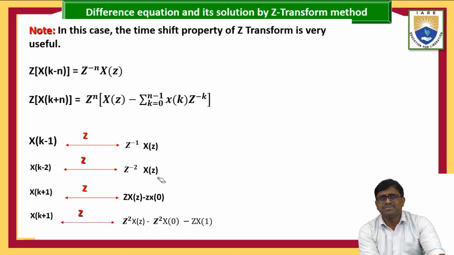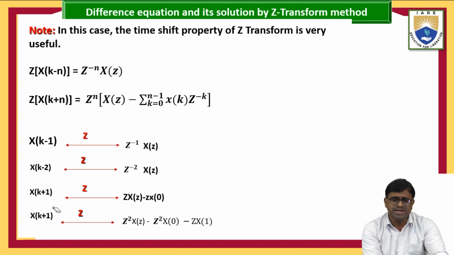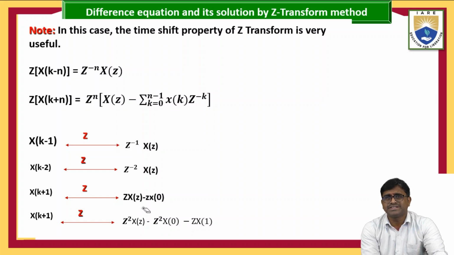Similarly, for shifting with a positive interval, x of k plus 1 is z into x of z minus z into x of 0.